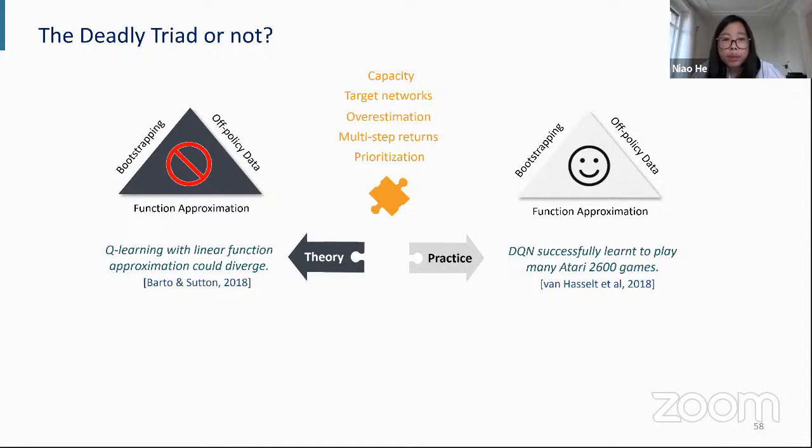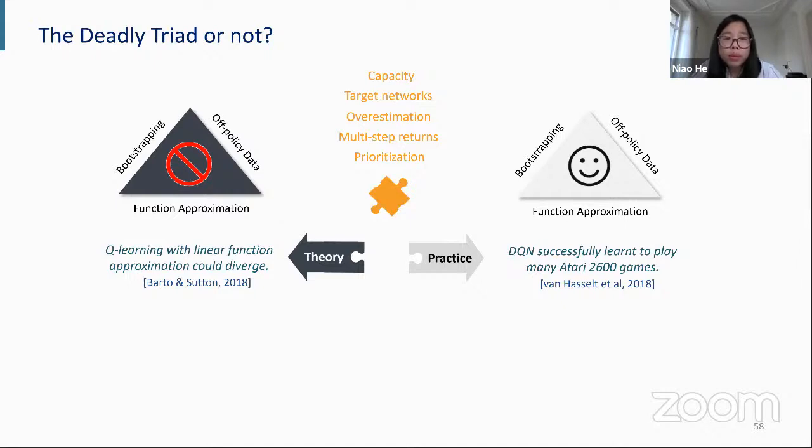For instance, because we're using very large function approximations, it is less likely to diverge. Or because we're using target networks to cure the overestimation bias, or double Q-learning type algorithms to reduce the overestimation bias, this also helps to ease the divergence.